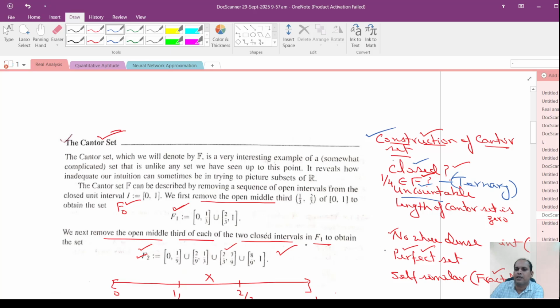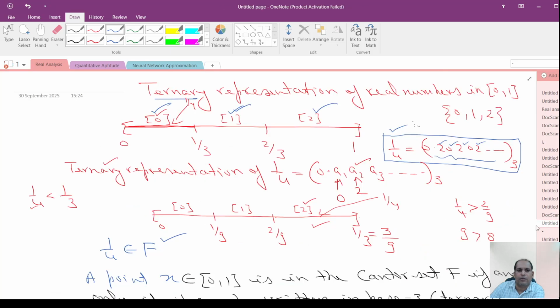And at the end I will discuss the idea of fractal, why the Cantor set is one of the famous examples of a self-similar repeated structure which is invariant under some transformation, and is a very well known example of a fractal. So, let us move to the next topic.